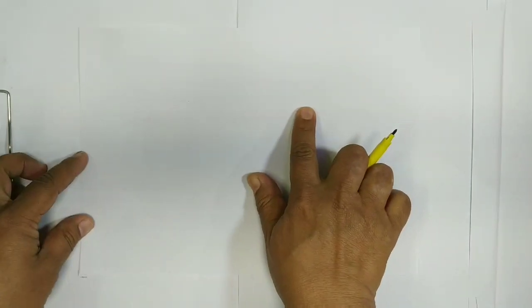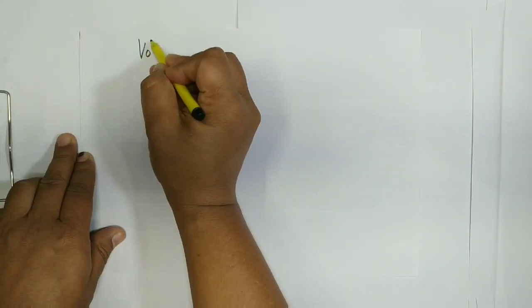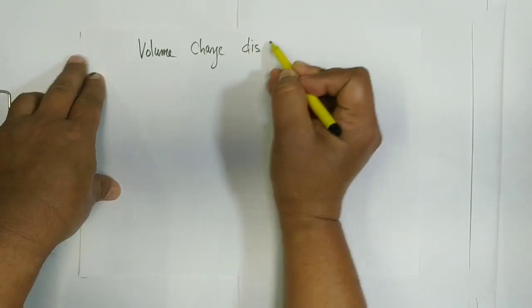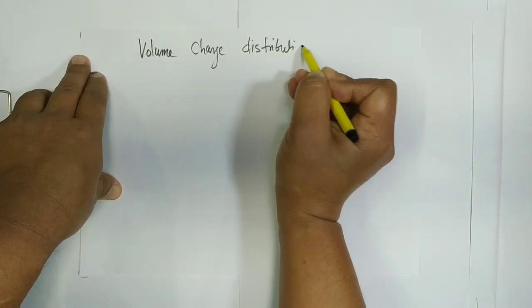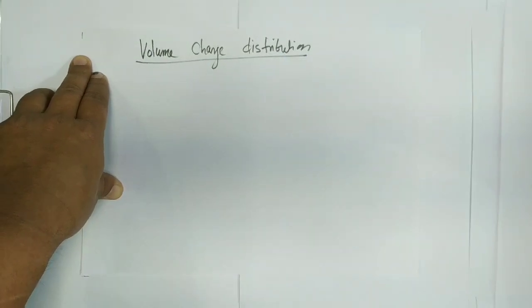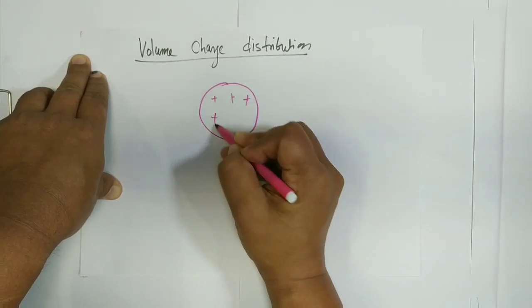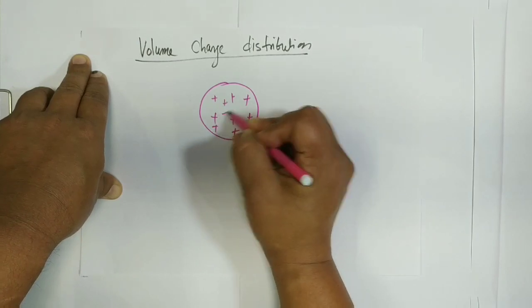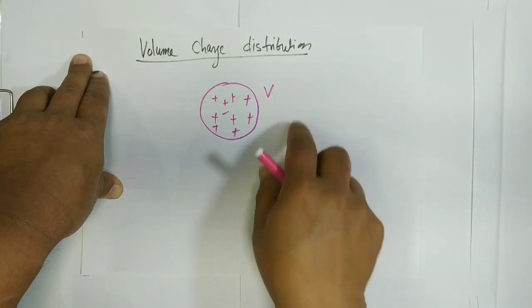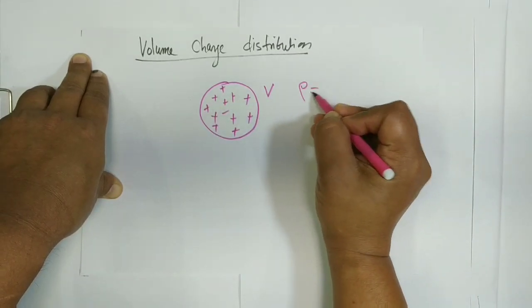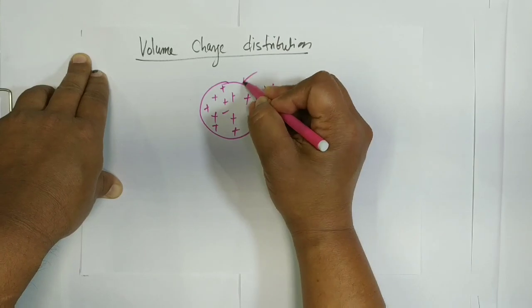And then after surface charge distribution, we have volume charge distribution. It means if you have any solid body with a charge on it, and its volume is V, the charge is distributed with respect to volume. So here we have rho equal to Q by V, where Q is the charge distributed on it.